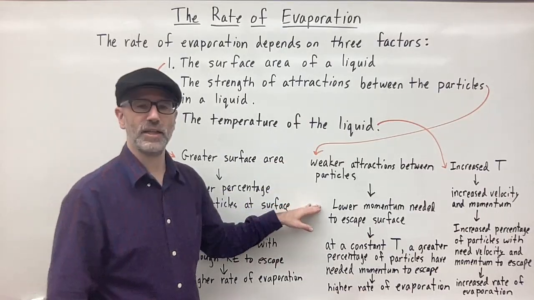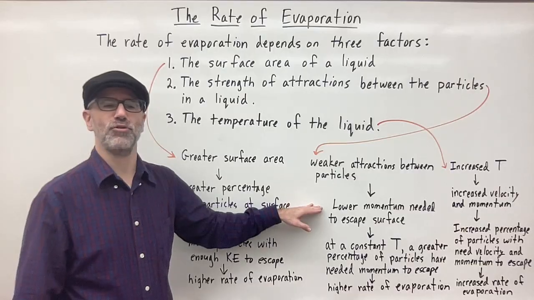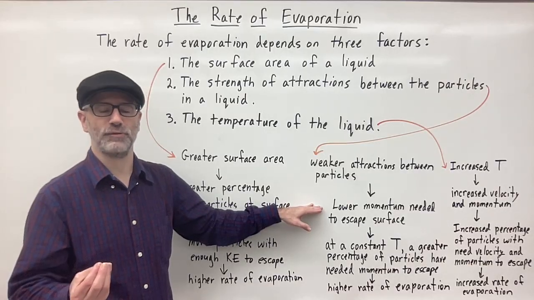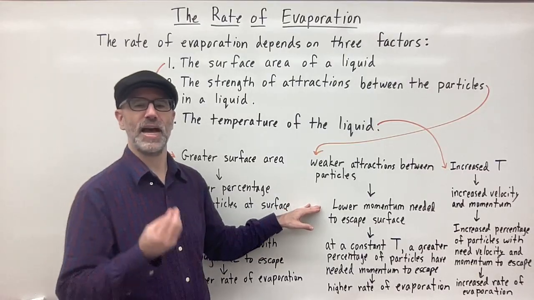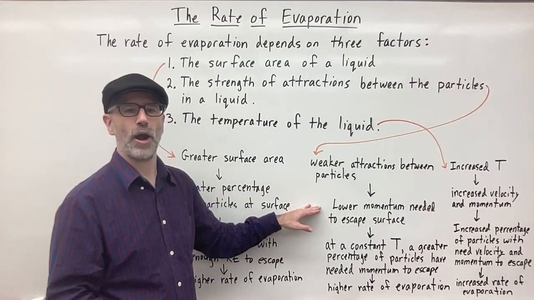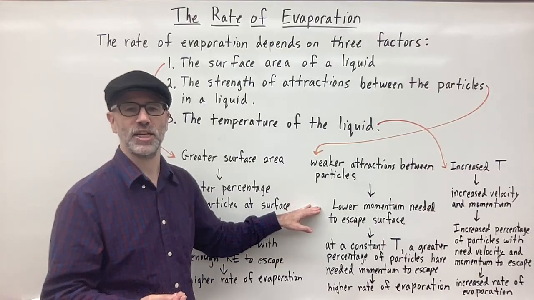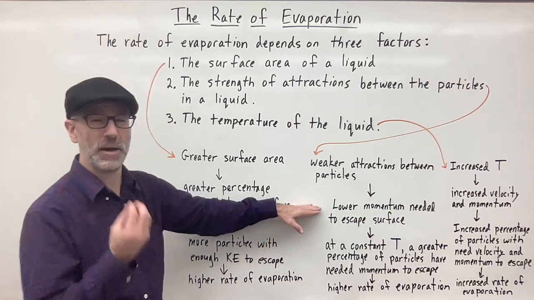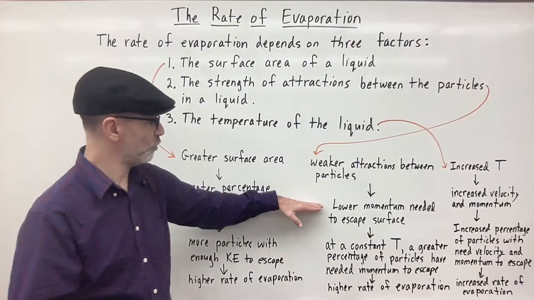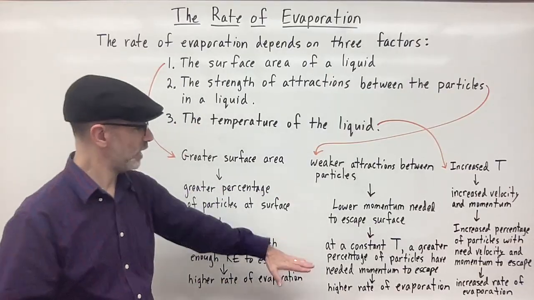That means that the threshold energy you need to break free of those attractive forces is going to be less. So you don't need as high a momentum or as large a kinetic energy to break free from those weaker attractive forces. The barrier is lower, so you can escape from the surface more easily.